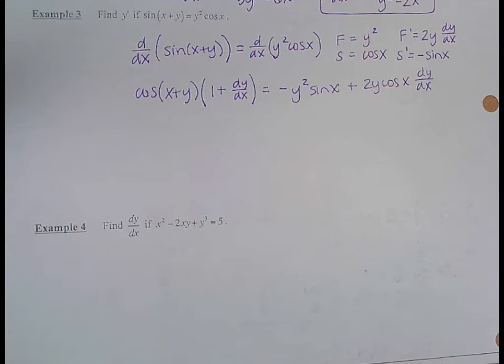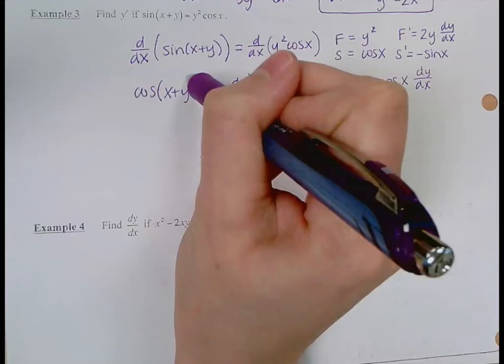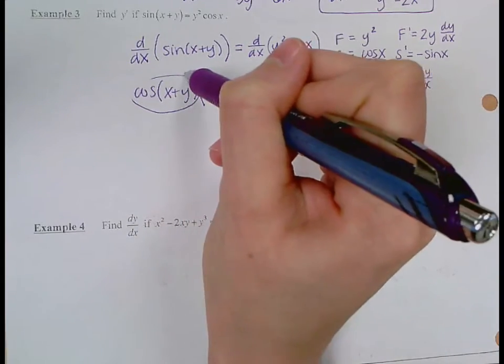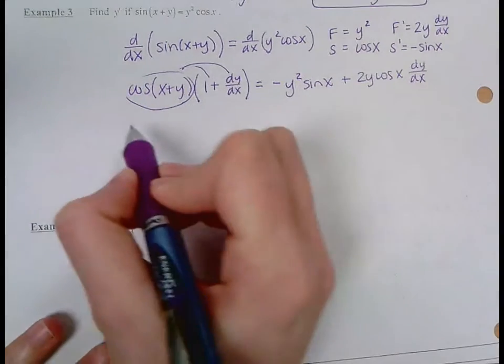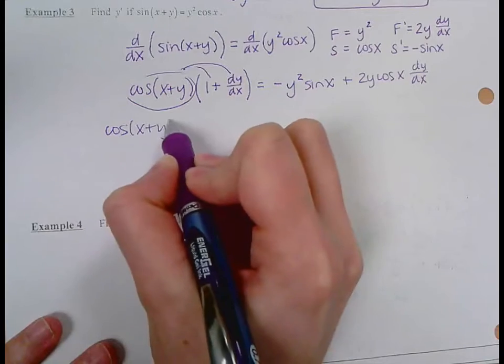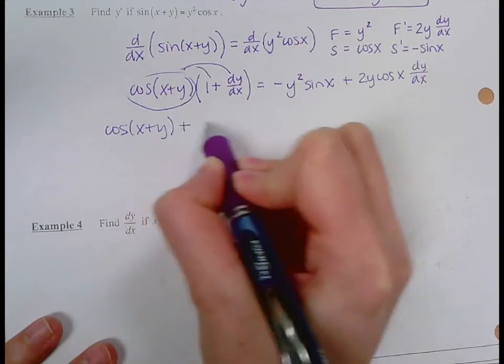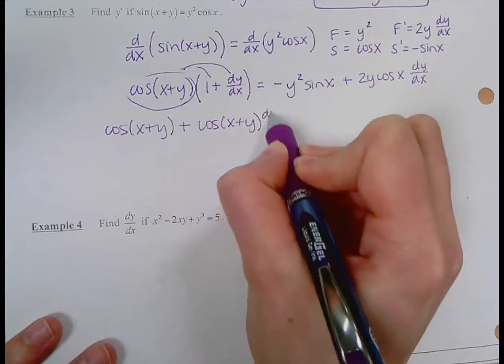Okay, and then this one, I realize we're getting close to time here, but to solve for dy dx, in order to get everything with dy dx on the same side, I actually have to distribute cosine of x plus y to the 1 and the dy dx here. So I would have cosine of x plus y plus cosine of x plus y times dy dx.